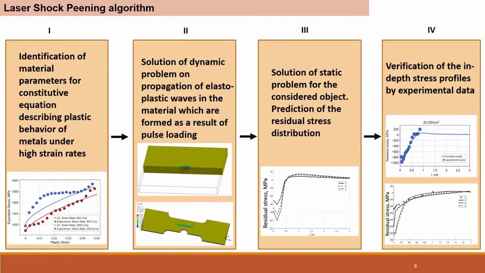And the numerical simulation can be divided into several stages. At the first stage, we investigate material parameters. We used the Johnson-Cook model for describing the dynamic impact of our laser installation.